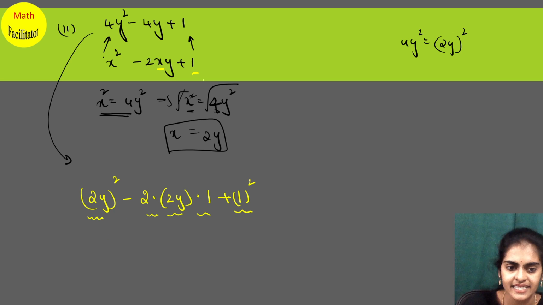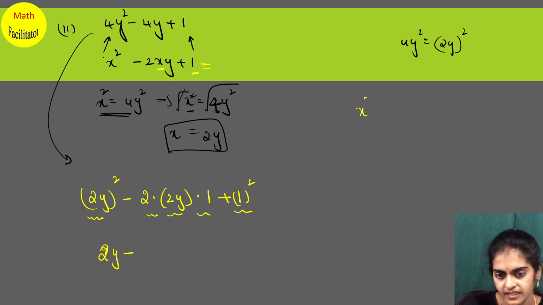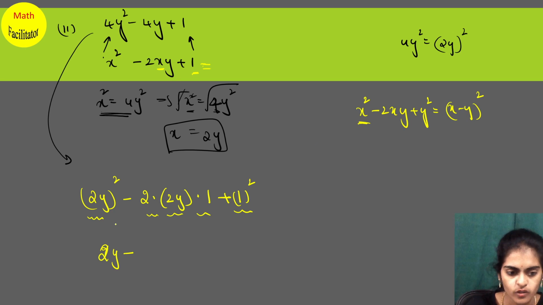So can I write it as x plus y whole square? This I can write it as x plus y whole square. In the place of x you have 2y. See here. Let me write the formula here for more clarity. In the place of x you have 2y.